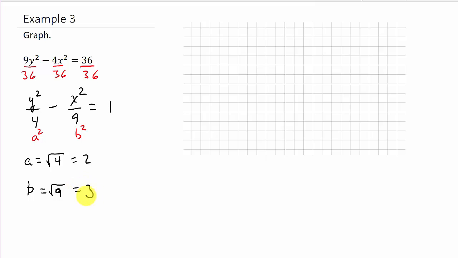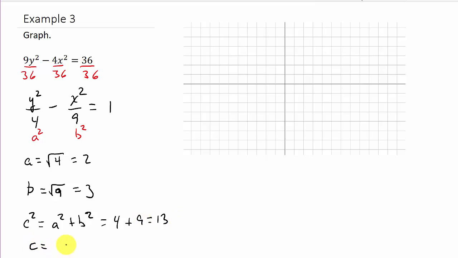Then we can also get the foci. We can get c. Remember, c squared is equal to a squared plus b squared. Here a squared is 4, plus b squared, which is 9, and so that's 13.